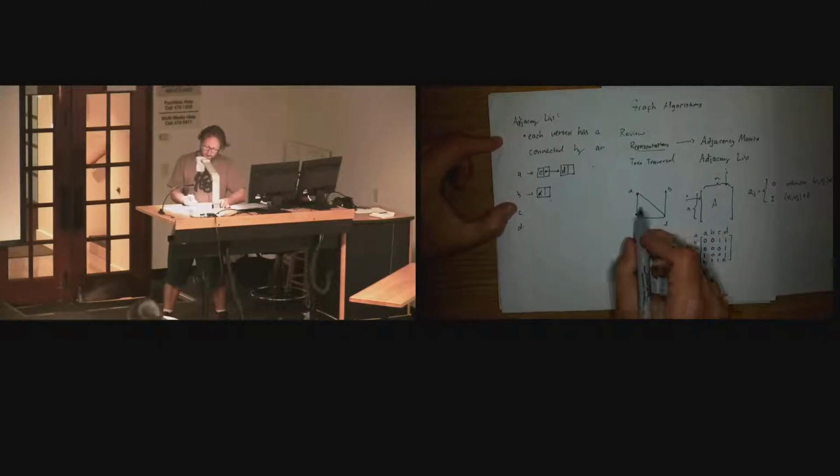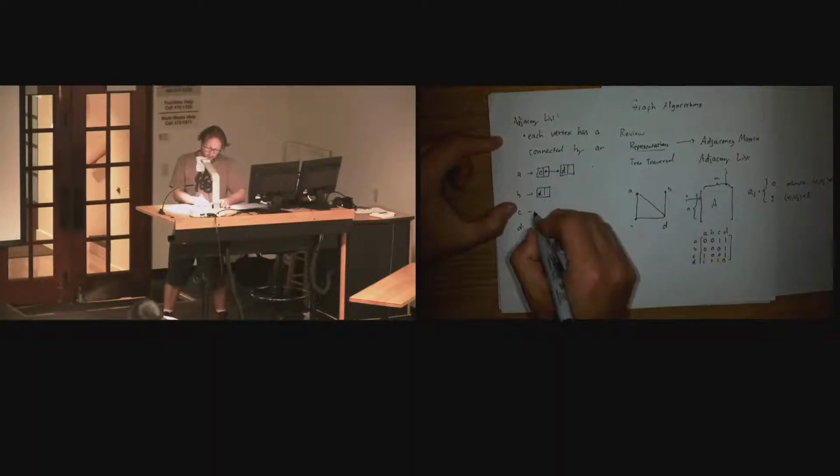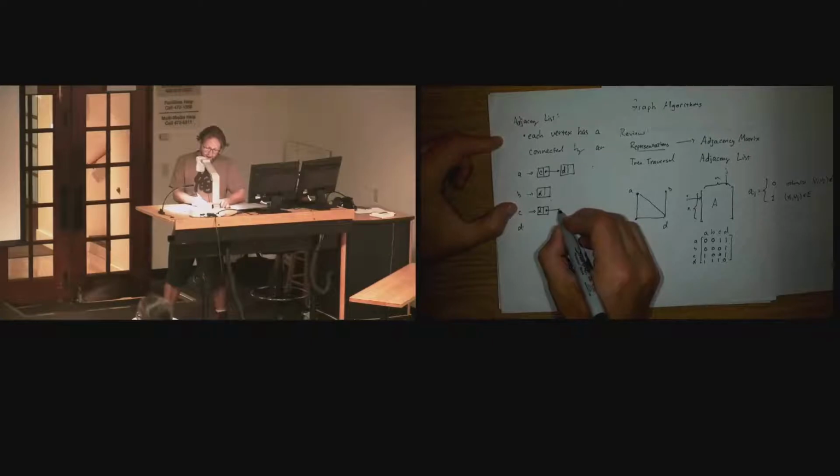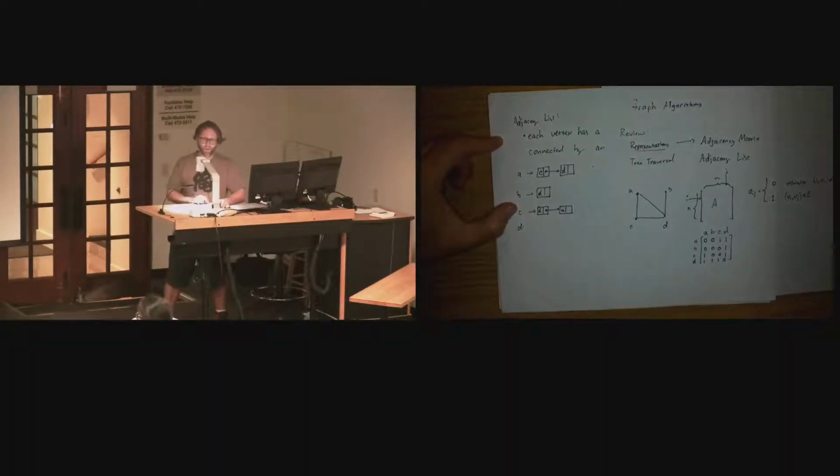C would be connected to A and D, and don't read anything into the order that I'm putting these in. It could be like D and then A. I was just going in lexicographic order because that's the natural ordering. But you can't read into anything in the ordering of these things unless you impose an ordering in your implementation.